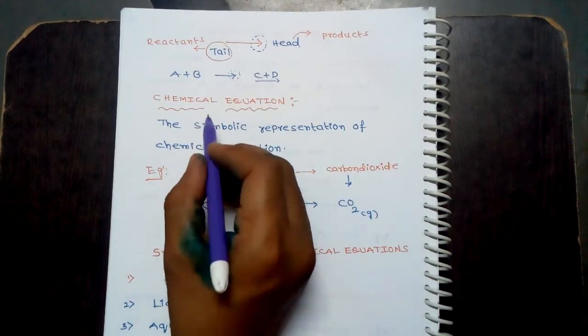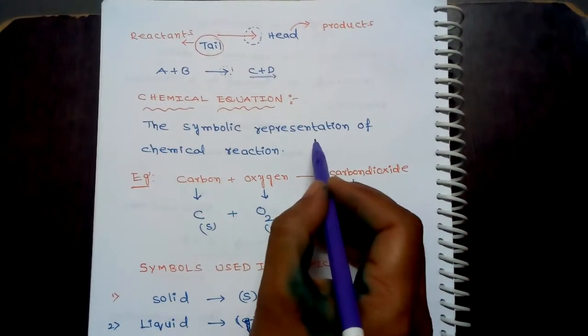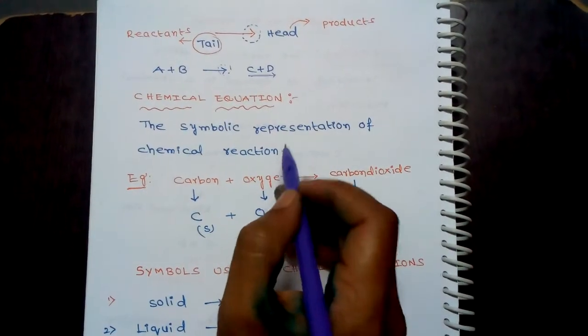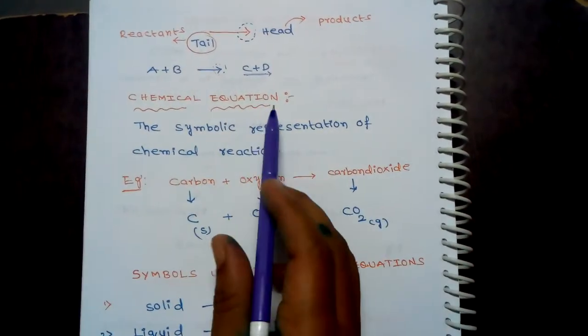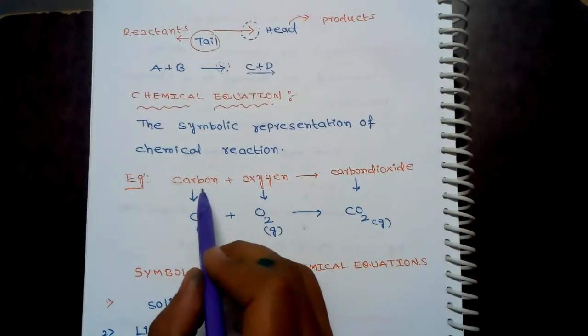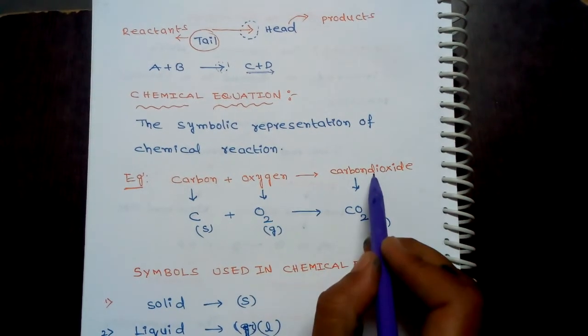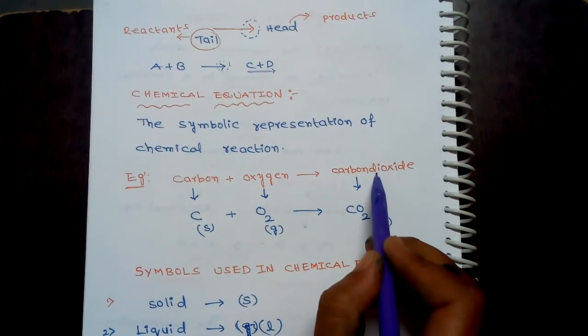Next, what is meant by chemical equation? A symbolic representation of a chemical reaction is called a chemical equation. We can write the equation in word form: carbon plus oxygen gives rise to carbon dioxide. It is a word equation.